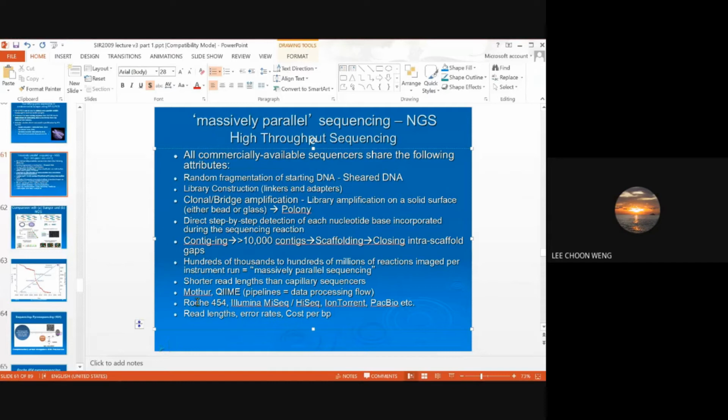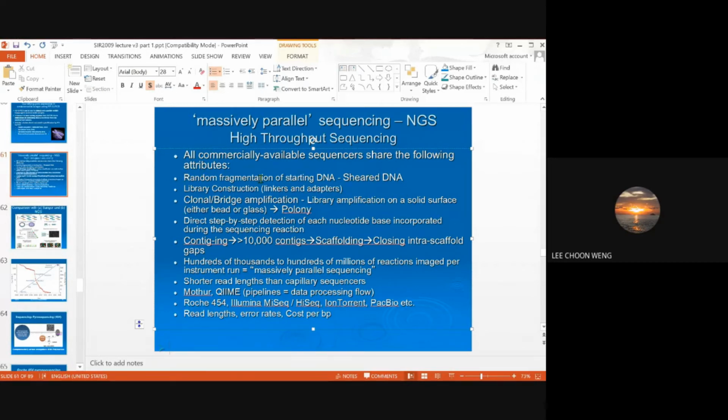Okay, so all of them share a specific flow of how they process the DNA. Okay, so the first thing is they will shear the DNA.